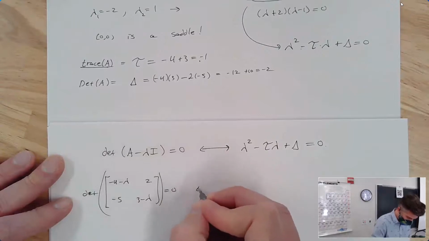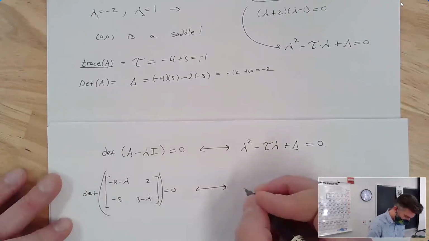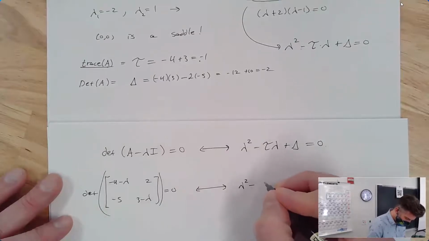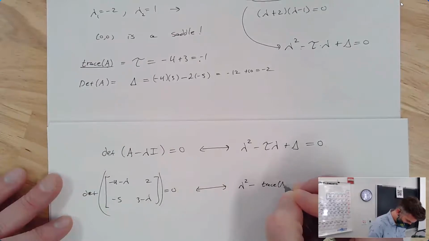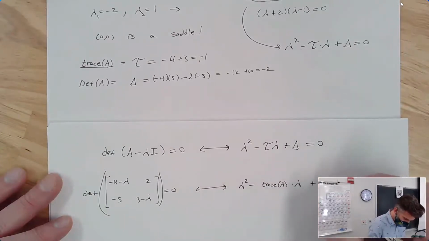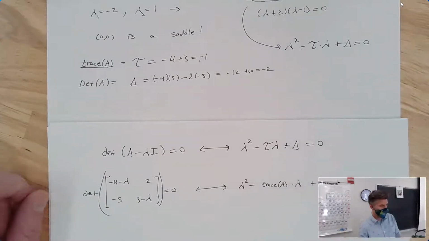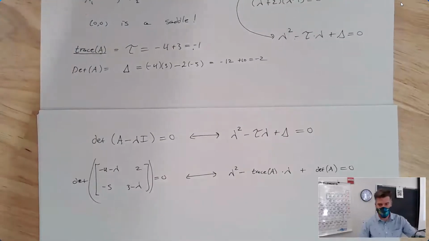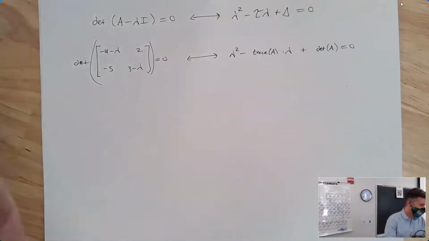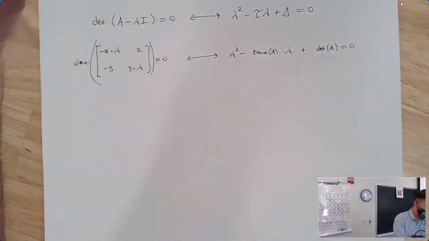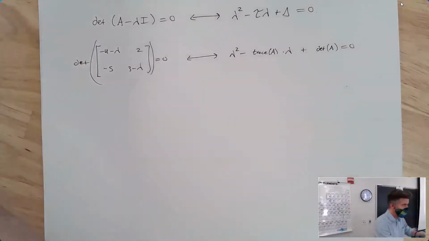That is the same as lambda squared minus the trace of the matrix times lambda plus the determinant of the matrix equal to 0. They're the same. I know they look wildly different, but they actually are the same. And trust me, I'm getting to the point.